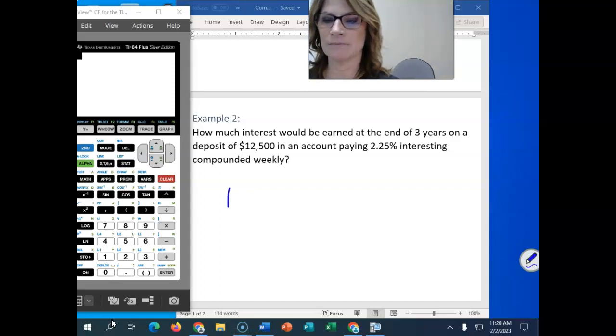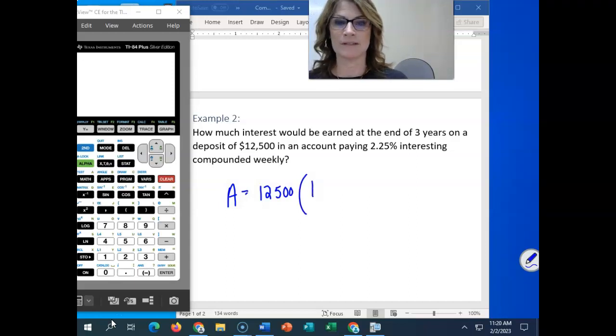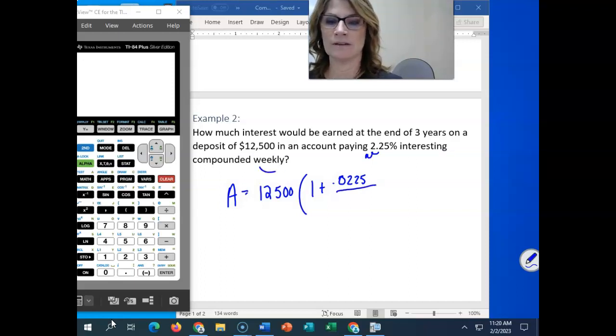Accumulated amount, we don't know. We do know our principal, 12,500. 1, that means we're keeping the same amount we have, plus our interest rate as a decimal. So you've moved that 2 places, divided by the number of compounding periods weekly.